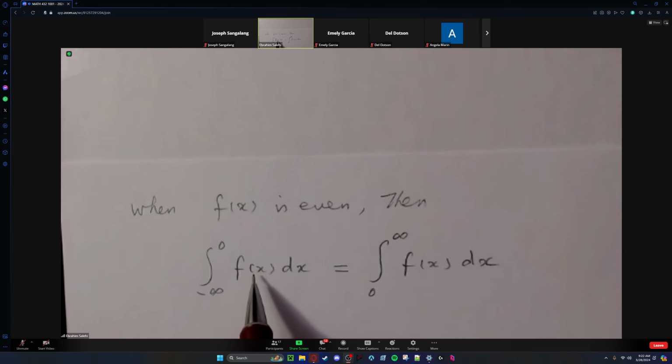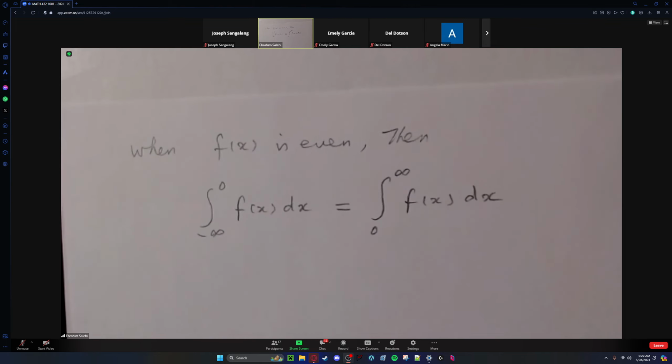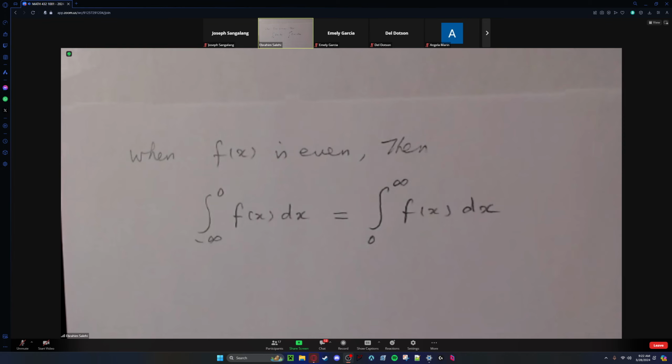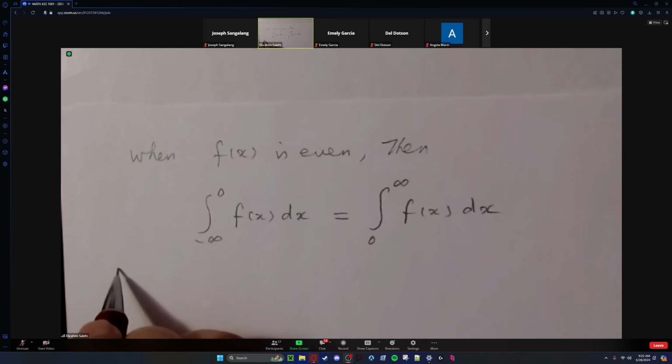Replace x by negative t, right? This becomes, maybe I should do it because I know that a lot of you are pretty weak in your calculus material, because here's proof.